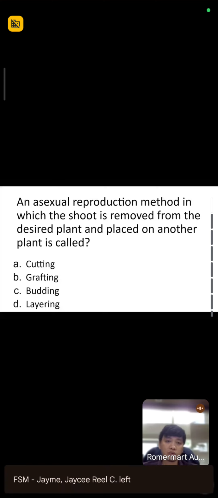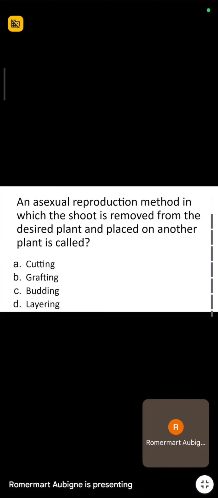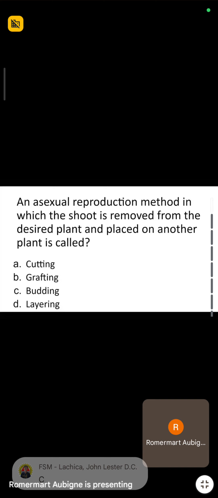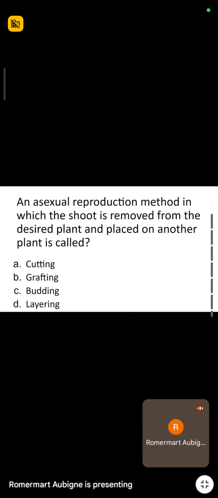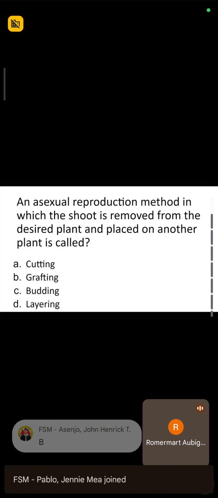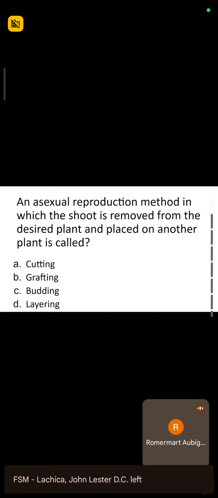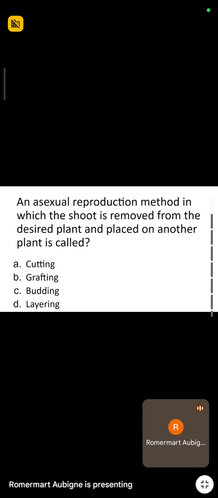An asexual reproduction method in which a shoot is removed from the desired plant and then placed on another plant is called... Grafting po ang ating sagot dito.